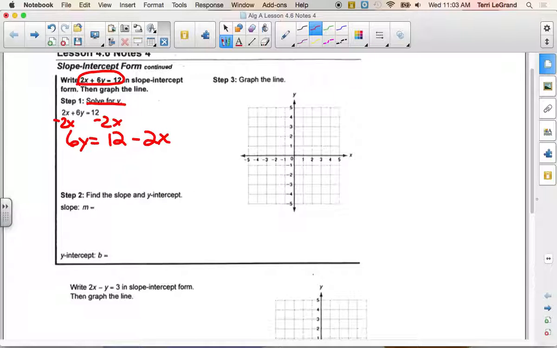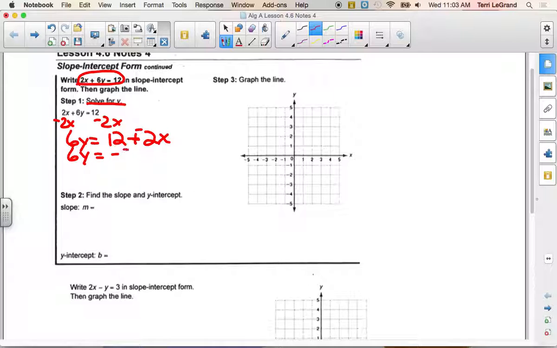But we can't really take 2x away from 12, because that 12 is not x's. Cameron? Can't we make it add the opposite, and put the 2x in front? Yeah, we can do that. We can change this to add the opposite, add a negative 2x. And he said, can't we rearrange it?